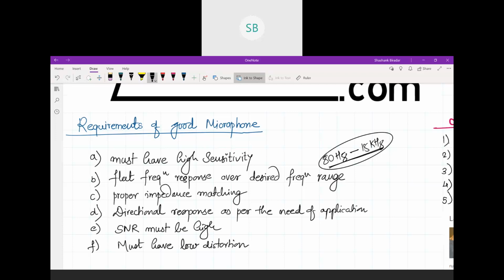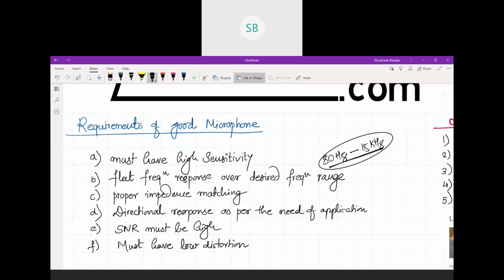Still, they can be used to reduce the ambient noise which is present in the scenario where you are performing the recording. So these are the requirements for a good microphone, provided that you must know for what purpose the microphone is being used.